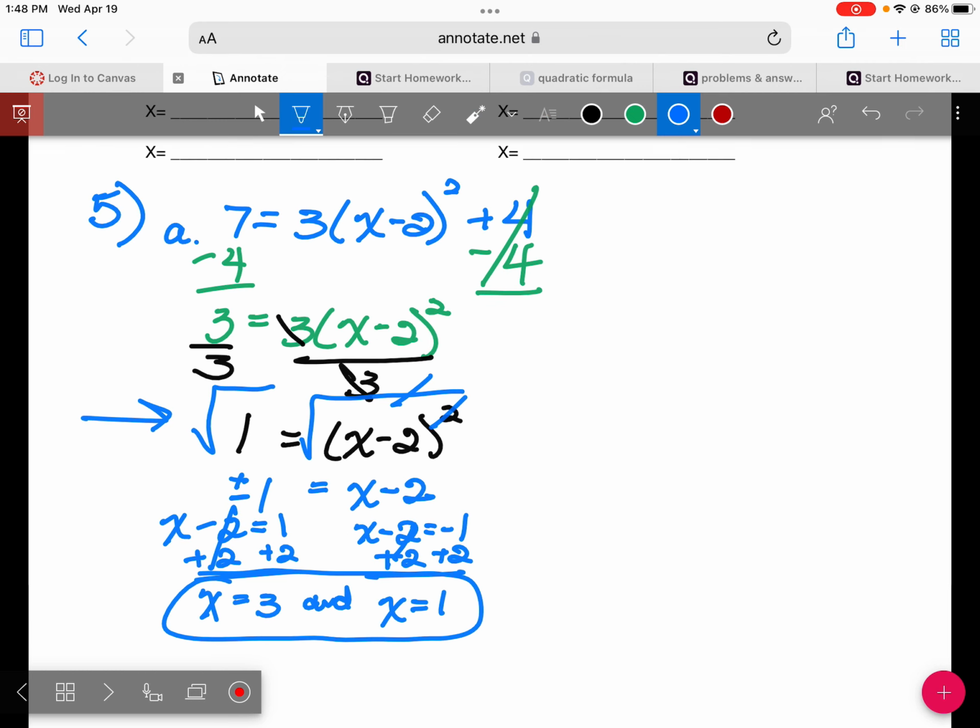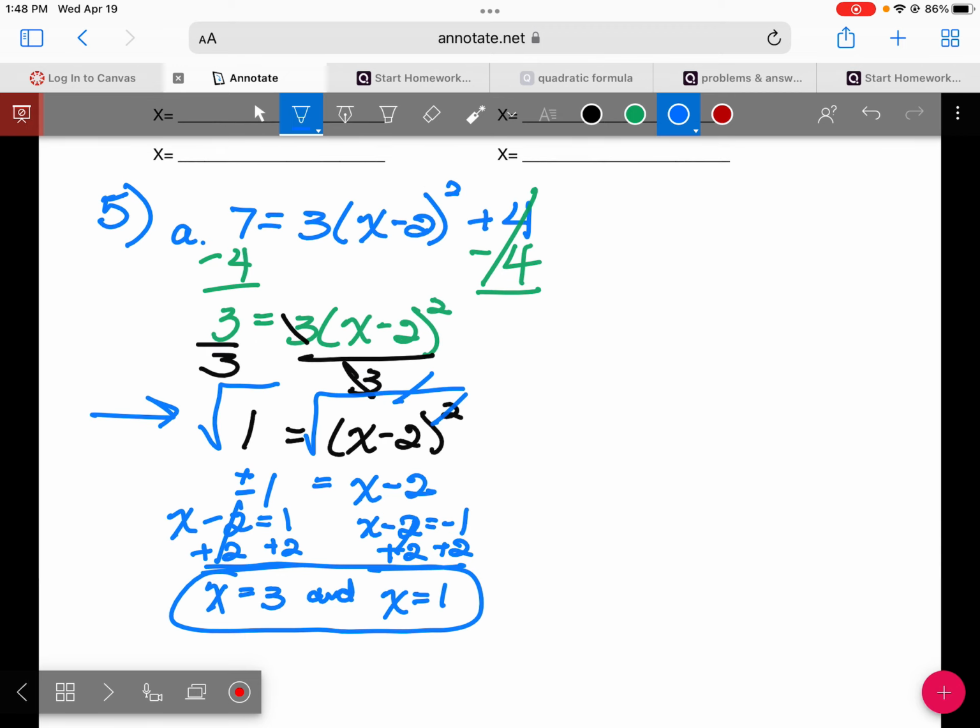Now, the only other way, before she was like, oh, take the square root. The only other thing I thought of is that you can also do a table, and just put some values in. So if x was 0, 0 minus 2 is negative 2.